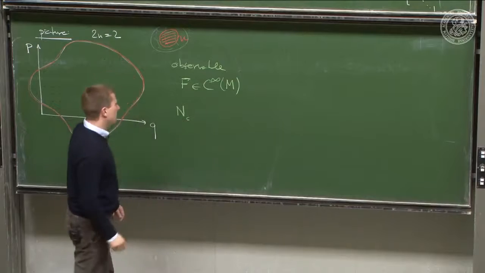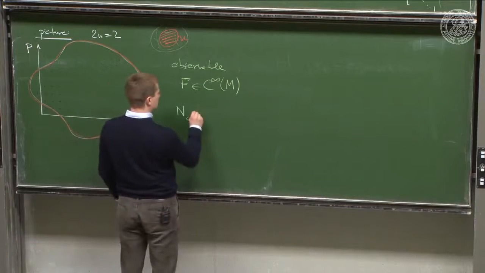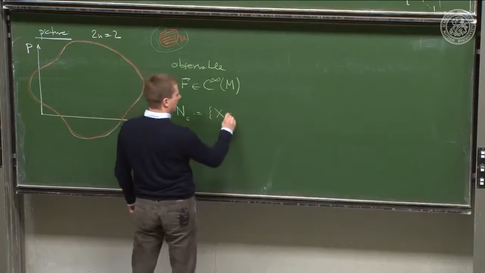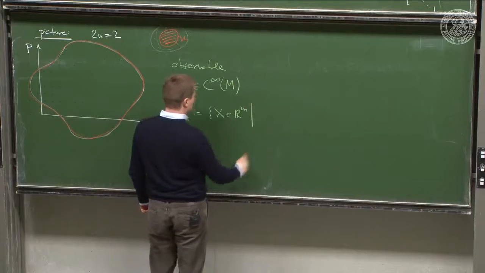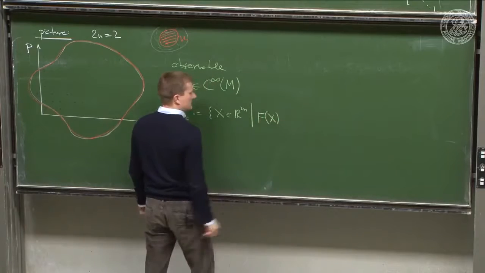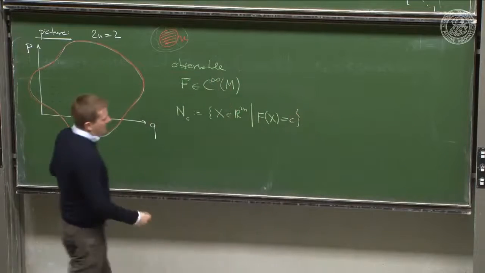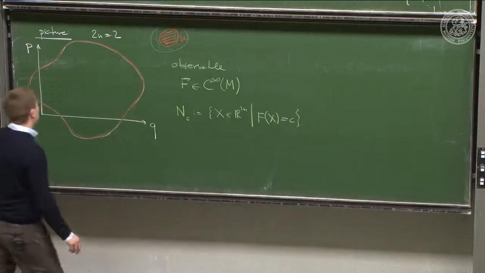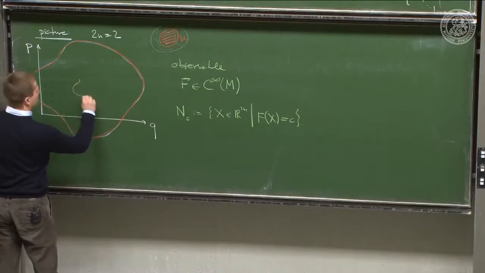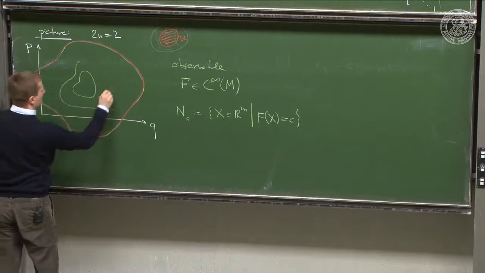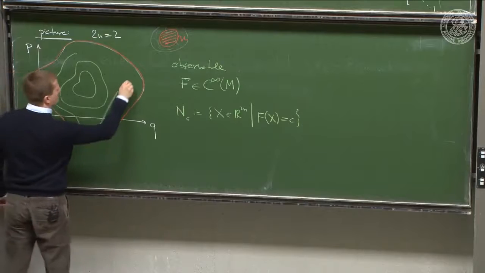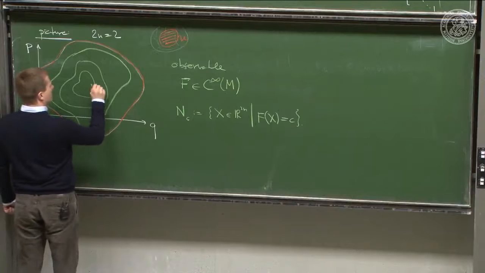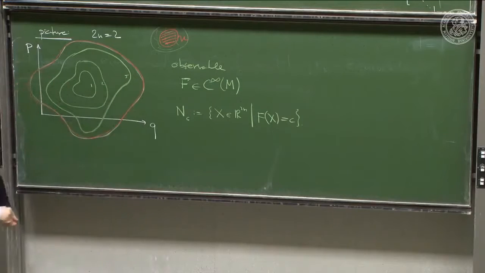I can ask for any real number c, what are all the points capital X in R2n, such that F, well, in these coordinates in this chart, no, anywhere, but I represent it in the chart, has constant value c. And for instance, the F could have level sets, all right? That could be the level sets. And let's say this is 1, this is 2, this is 5, something like that.